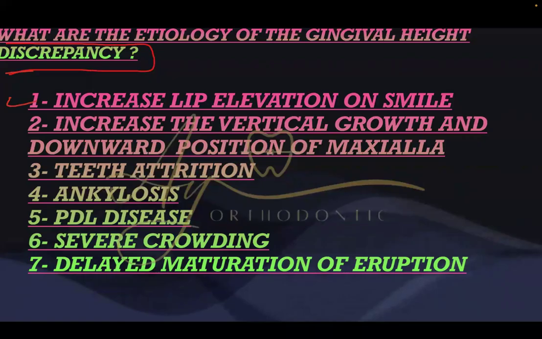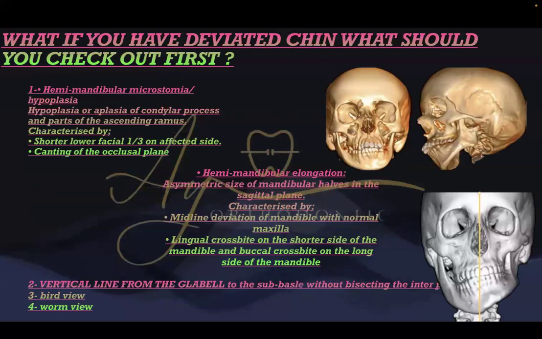It will also give me the unequal level appearing in the gingival heights: tooth attrition, as you said, ankylosis, delayed maturation of eruption, periodontal disease, and severe crowding. Okay, you have to mention all of the reasons, Rahim, in the exam.